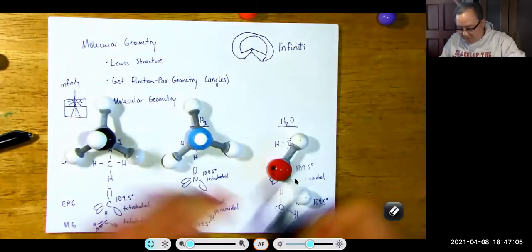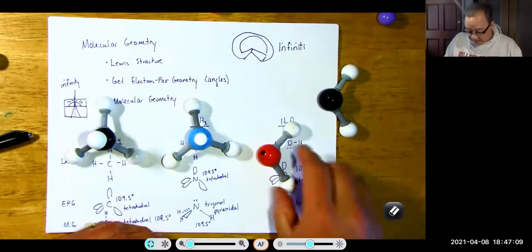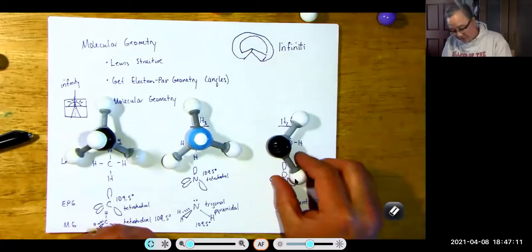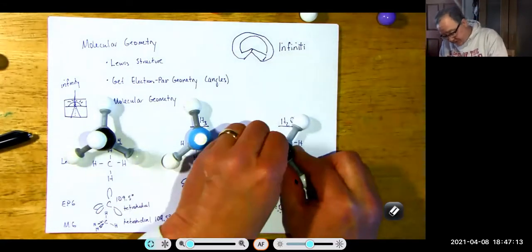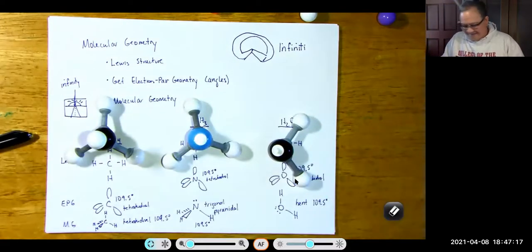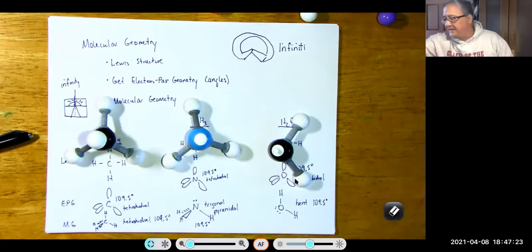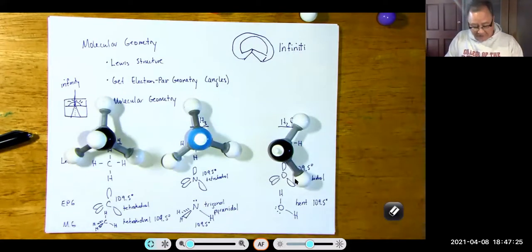Now I'm going to put lone pairs on this. So I'm going to get rid of that guy. I'm going to put a lone pair on this. So don't be surprised when I do this. There's a lone pair. And I'm trying to get another lone pair. But when you put lone pairs on, they are hard to take off.